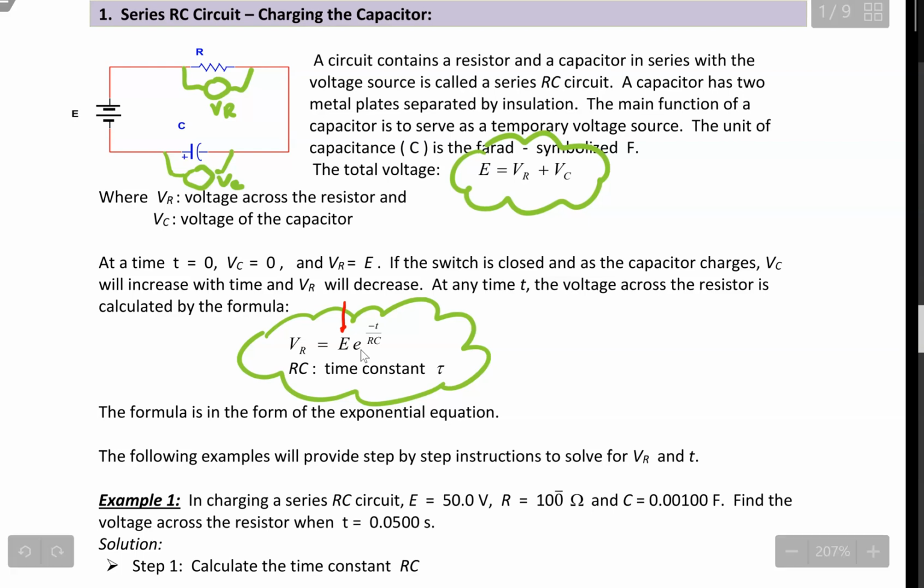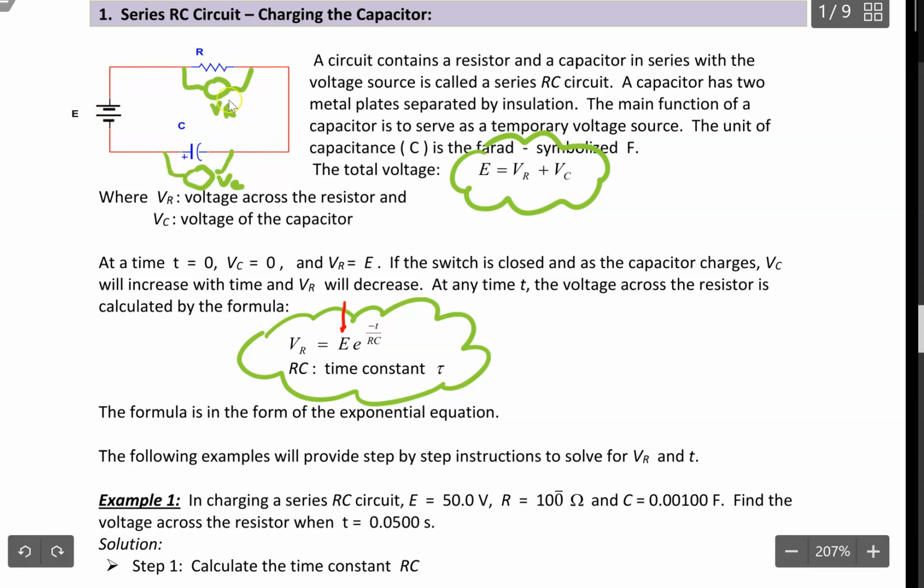Let's repeat this concept. At the time t equal to 0, VC is equal to 0, so it's very obvious. Then, according to Kirchhoff's voltage law, the voltage across the resistor has to equal the voltage source. Then I close the switch and generate current going through.